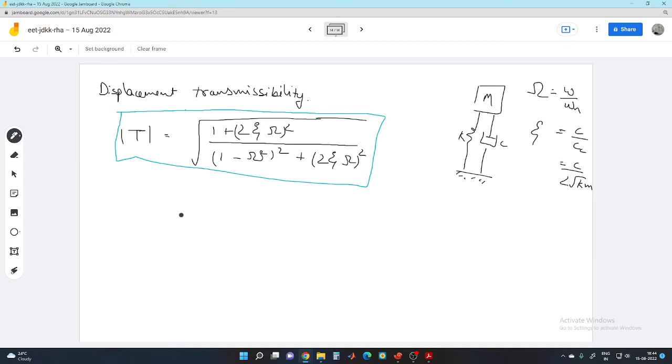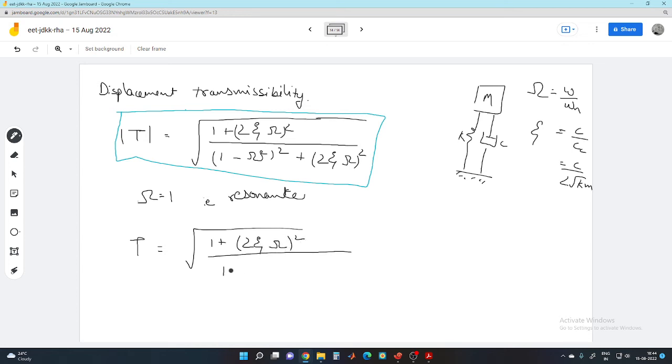So what we expect here is for omega equal to 1, that is resonance, T is square root of 1 plus (2 xi omega) whole square upon (1 minus omega square) square plus (2 xi omega) square. We'll substitute omega equal to 1 here.